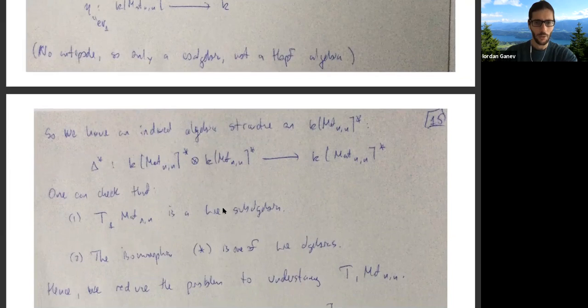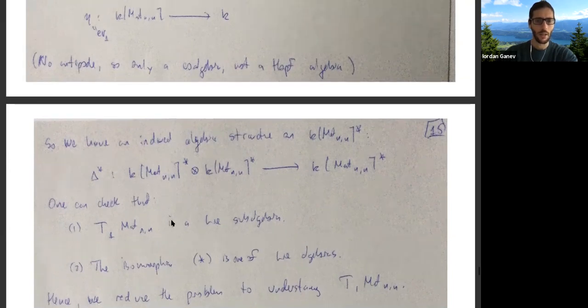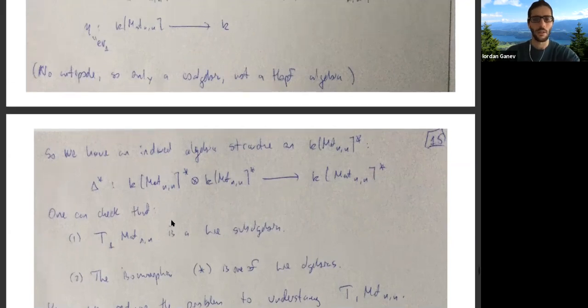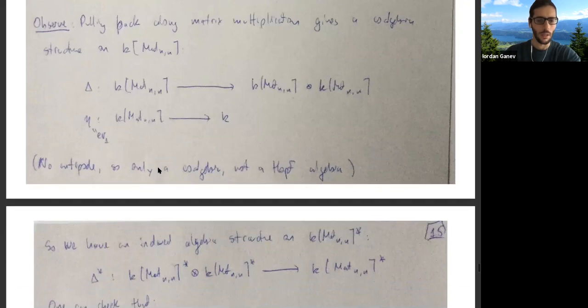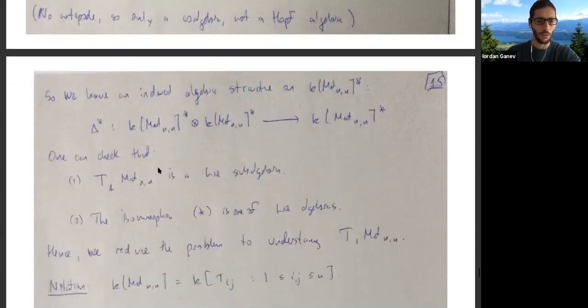And so we get a Lie algebra structure on this tangent space, and the isomorphism with the tangent space at the identity of GLN is an isomorphism of Lie algebras. I guess I should have put a star here. This is what I meant. So this is an isomorphism. Okay, so that's some formal stuff.